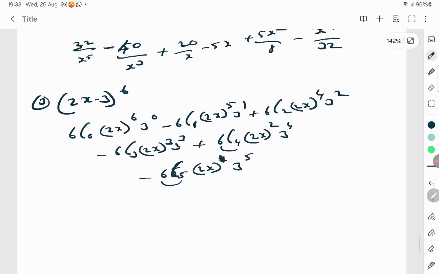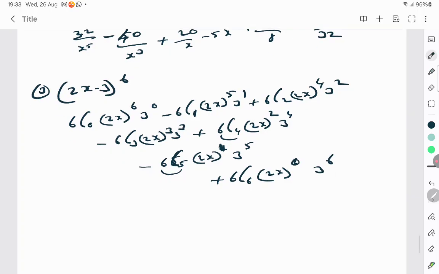Just write it like this, and plus 6c6, 2x the whole to the power 0, 3 to the power 6. Just solve this.